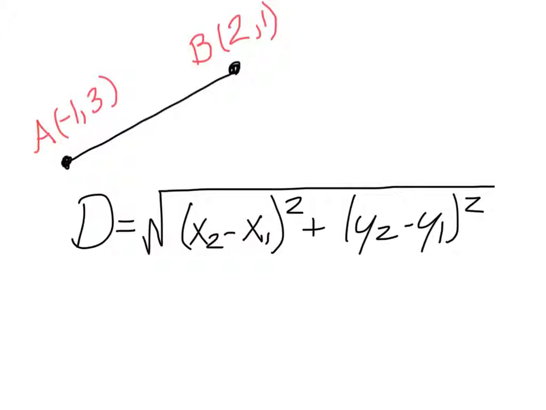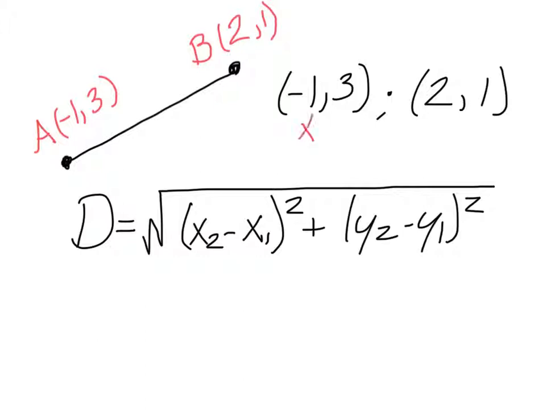So let's think about what we're working with. What's x2 and x1, and what's y2 and y1? Well, let's go ahead and write out those points. So I have negative 1 comma 3, and I'm also working with 2 comma 1. Now I have some choices. I can say that this is going to be x1, and that's going to be y1, and that this is going to be x2, and this is going to be y2.